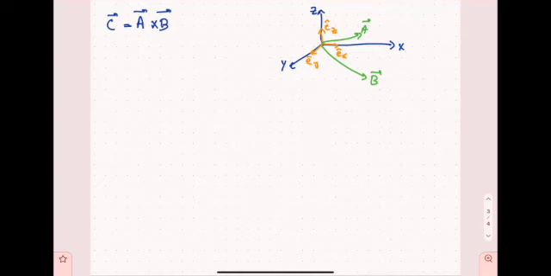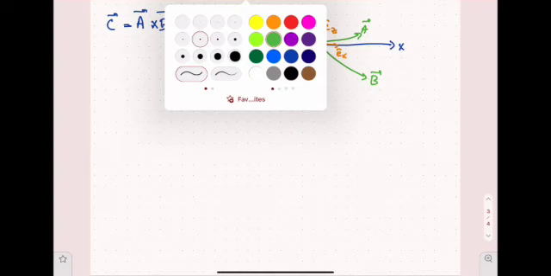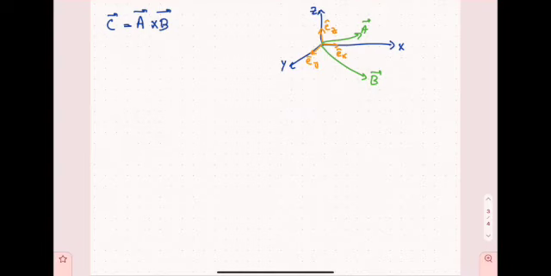So just a generalized case. Now, I would like to write this vector C in terms of the components of A and B. So how do we do that? Let's see. This is our C vector.